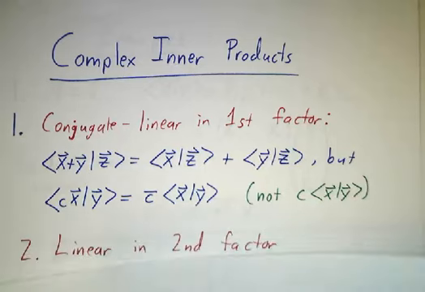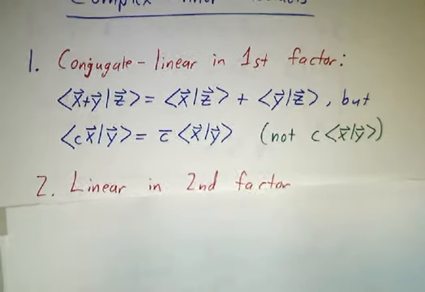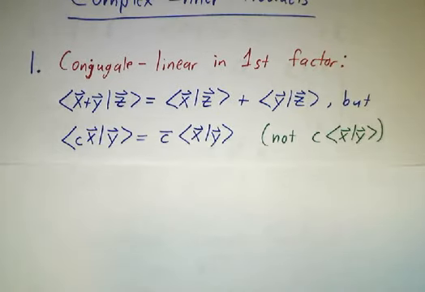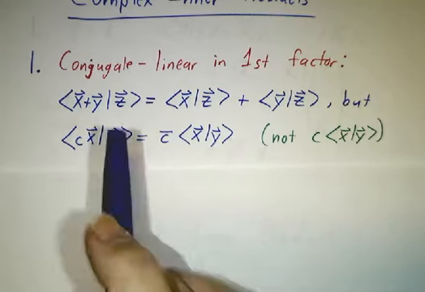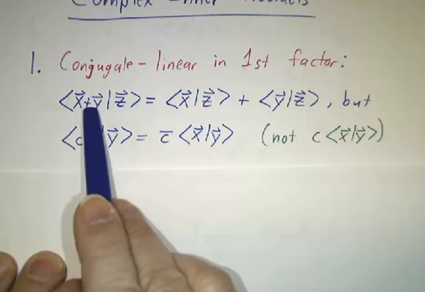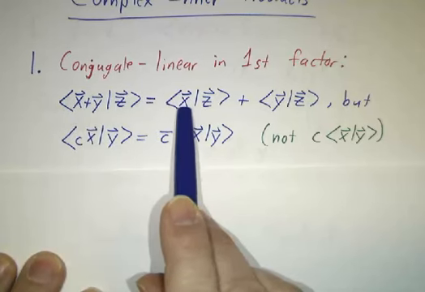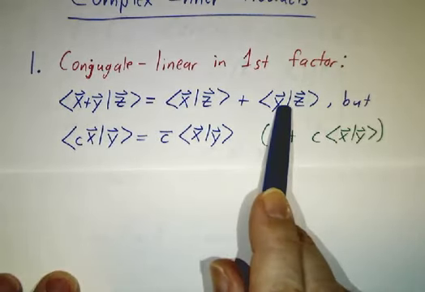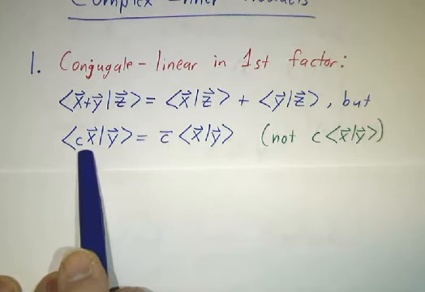Okay, that was nice, and it had some nice properties. So the first property that we want to look at is that it's not linear in the first factor. It's almost linear. If you take the sum of two vectors in the first factor, you can split it up. You get the first one plus the second one. But if you multiply the first vector by a constant, remember you're conjugating all the entries of c.